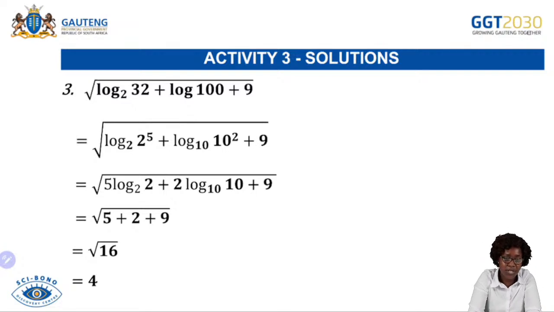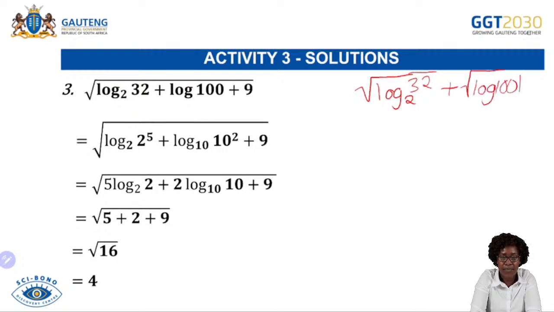Remember, grade 11s, we cannot split this and write the square root of log of 32 to base 2 plus the square root of log 100 plus the square root of 9. Remember, this we said does not apply when we are working with the square root.